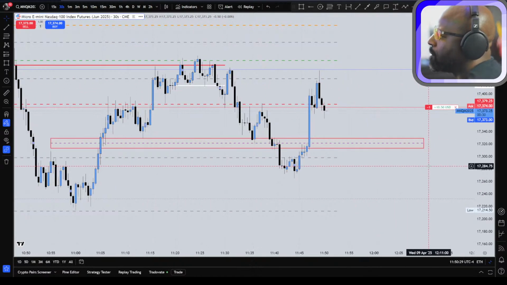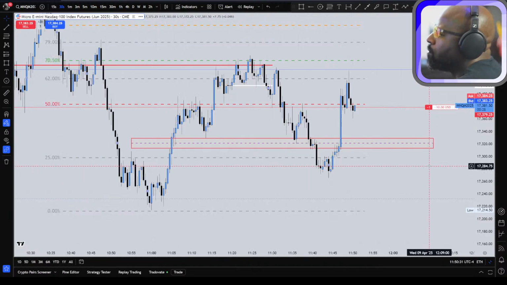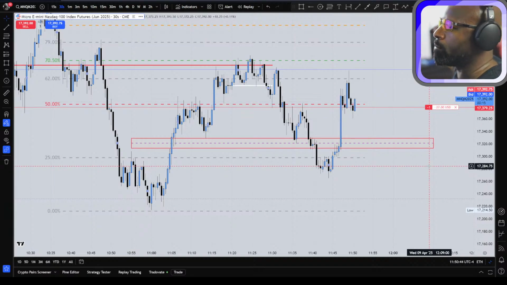Now we're at the 50% level, and what it's really doing is trying to get me to over leverage, right? To add multiple contracts at this point. If I would begin to add contracts, price could take off and skyrocket, and that's not what I want to see.